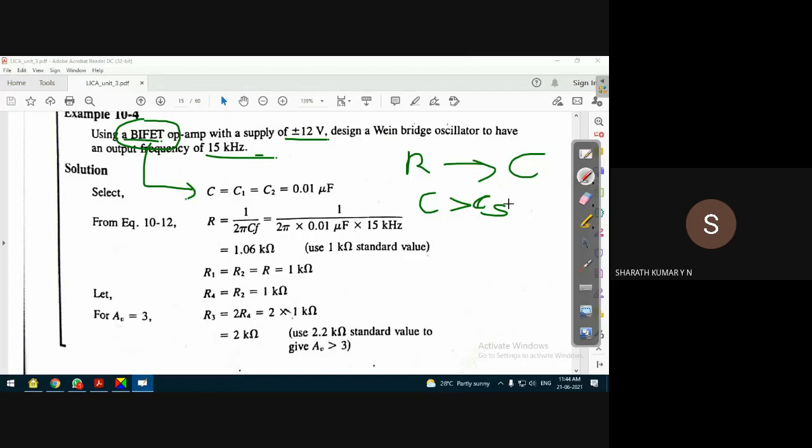For design purposes, we should know the stray capacitance value of a given op-amp. This David Bell book has the data sheet in the appendix. Yes, okay. Just a second.